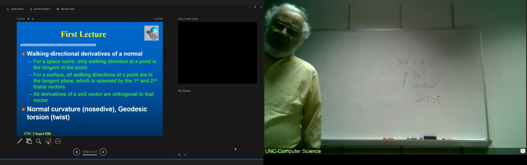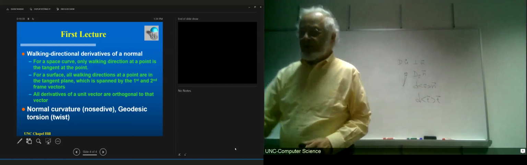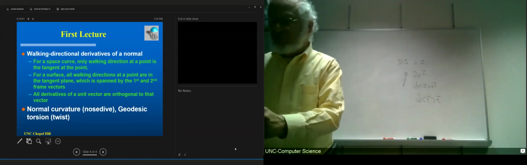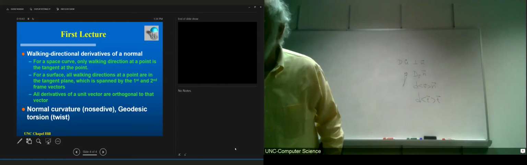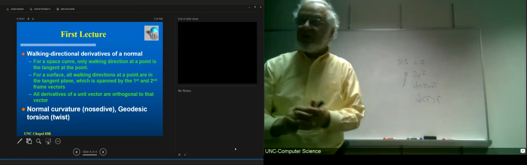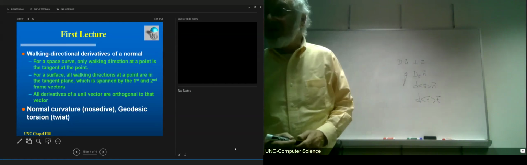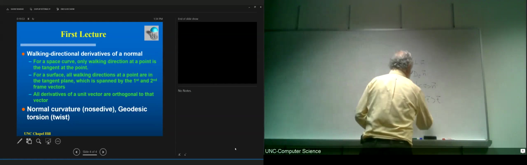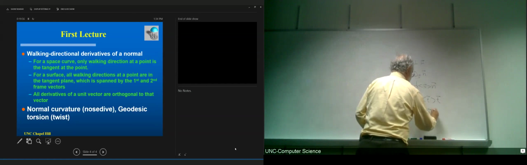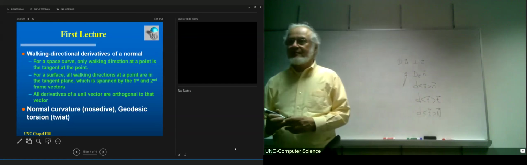And if we call the second frame element, which is the one that with the tangent forms the best fitting plane, the curve normal, which is what it is called, we may be interested in dt of that curve normal.